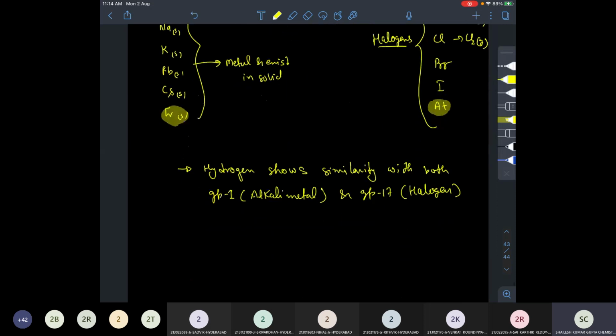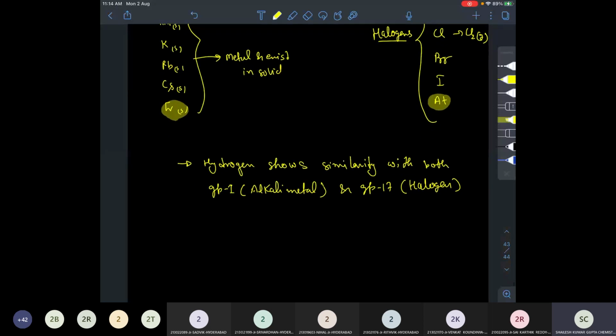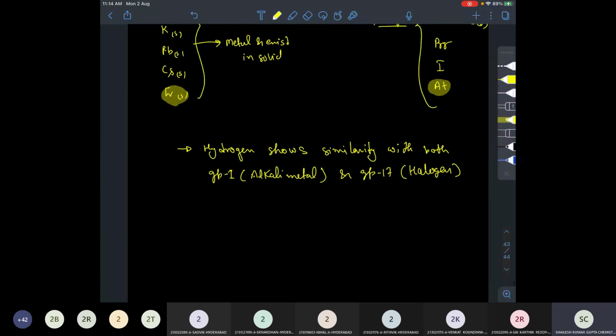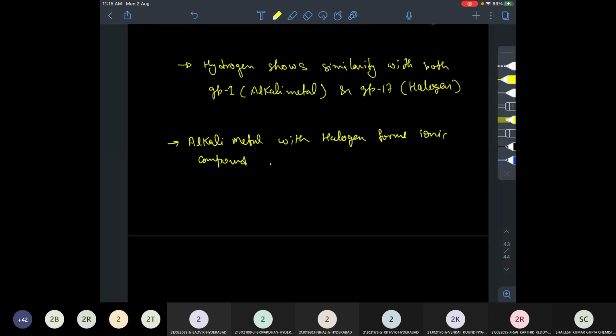Okay, fine. So can we have some other examples of the way that it shows similarity? You know that sodium, an alkali metal, forms ionic compounds with halogens, like NaF, NaCl, KCl, and so on.